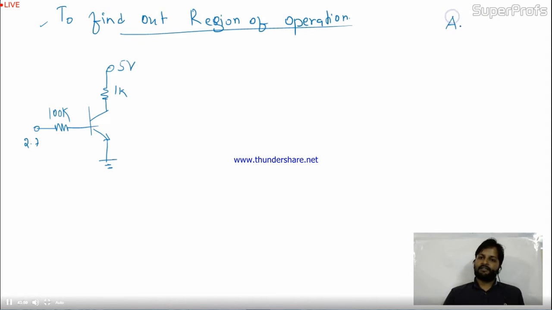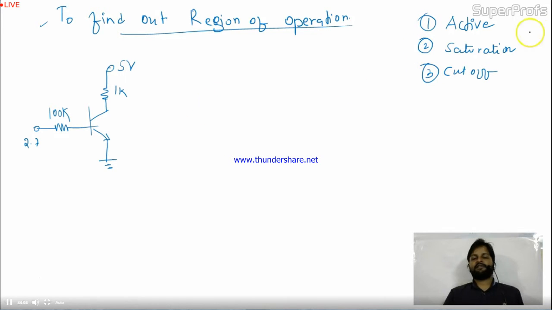We'll check three points: whether it's working in active region, saturation region, or cutoff region. One by one we'll check all these three. If we can establish the condition for any of these, we can say the transistor is working in that particular region. The condition for saturation is what?